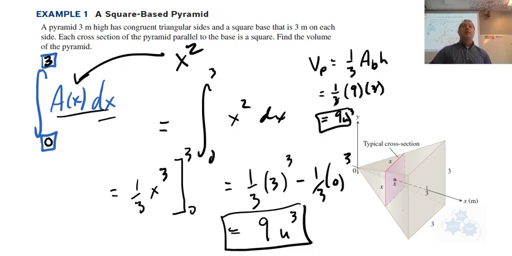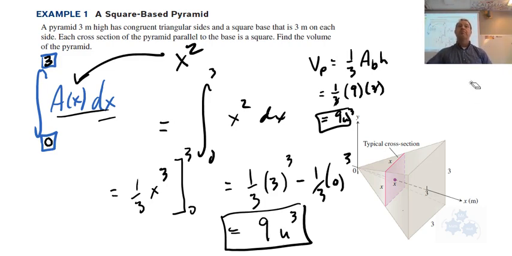So that is viewing volume as a summation of an infinite number of areas with small widths. We take all those little slices as thin as we can get, and we add them all up, and when you add up all of the areas in the third dimension, you get the volume.